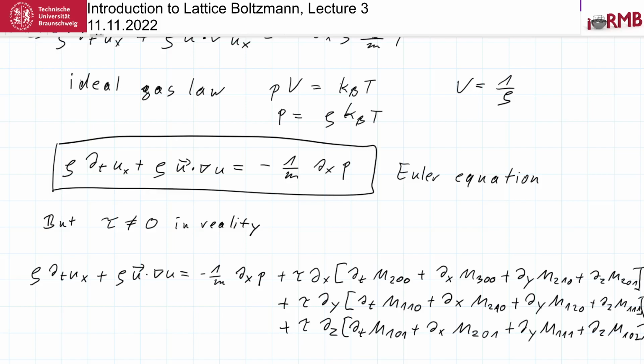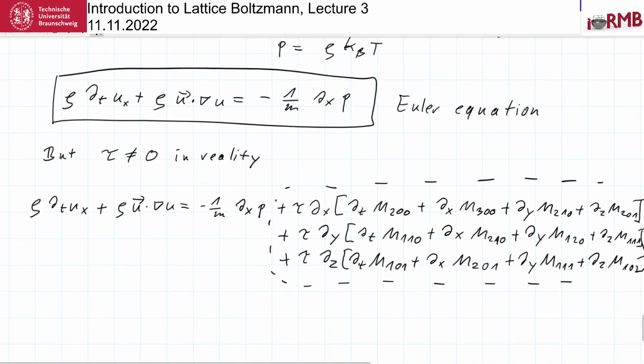Okay, now this is bulky. Because it's bulky, what I'm going to do is I call this sum here, which distinguishes the Euler equation from this new equation, S. And we see this contains a lot of third order moments.